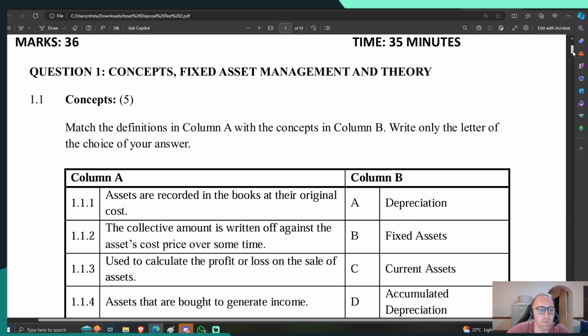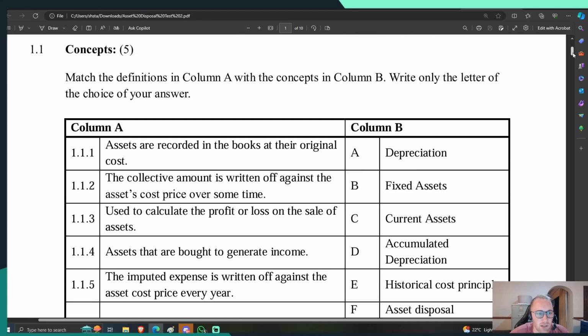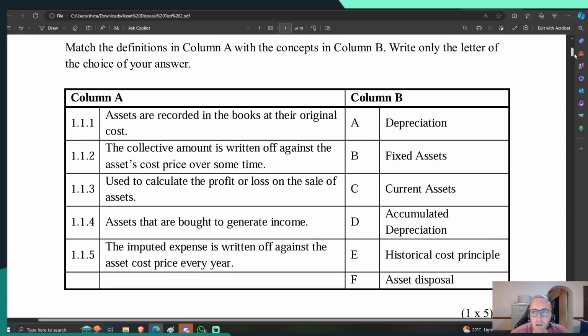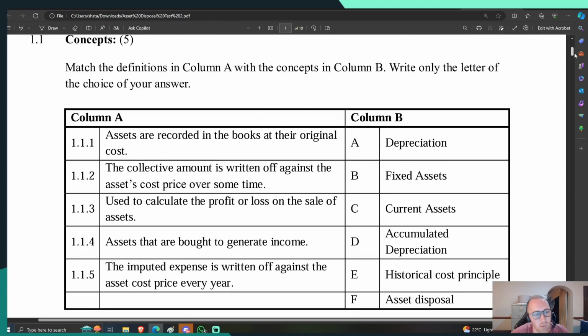This first section I think is quite easy, so we may as well do it now. Match the definitions in column A with the concepts in column B. Write only the letter of the choice of your answer. Assets are recorded in the books at their original cost. That is the historical cost principle.